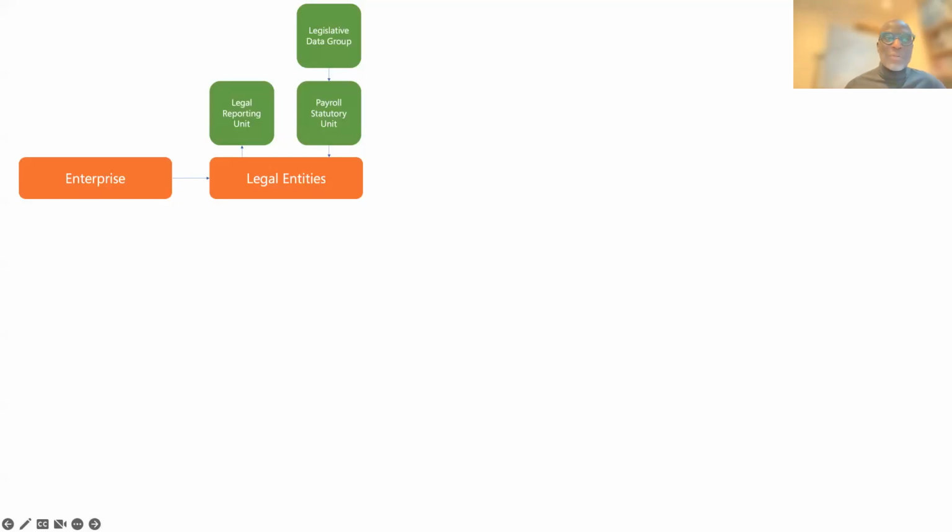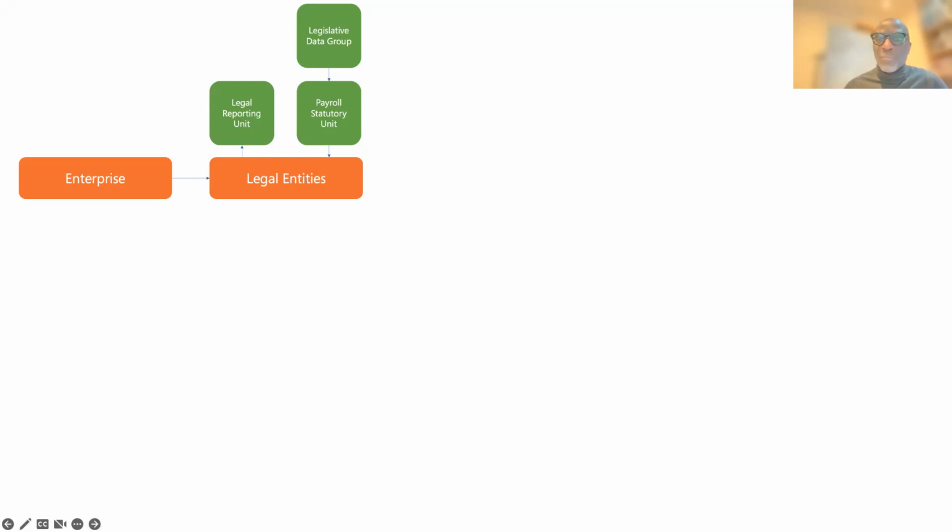So that's an example of why you need your legislative data group, you need your payroll statutory unit as well. You know, payroll tax, social insurance, and so on. And this is where you would look at these activities. Now, so that's basically your legal structure. This is your legal structure.